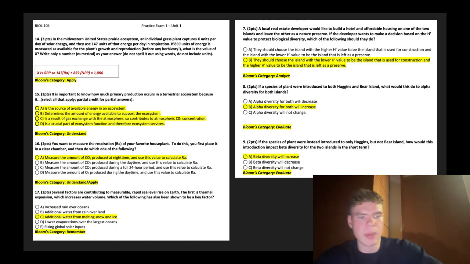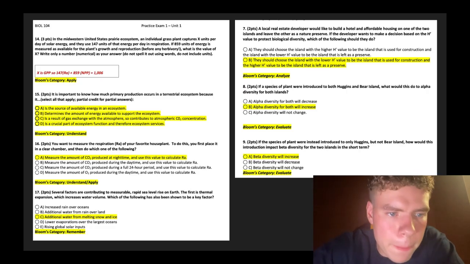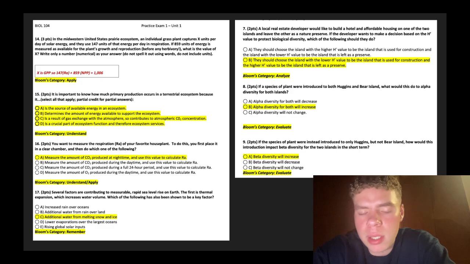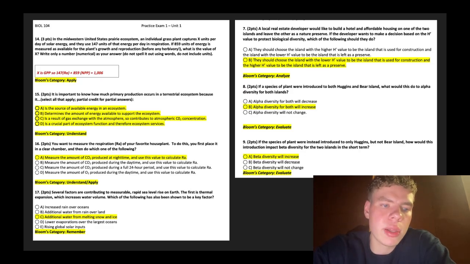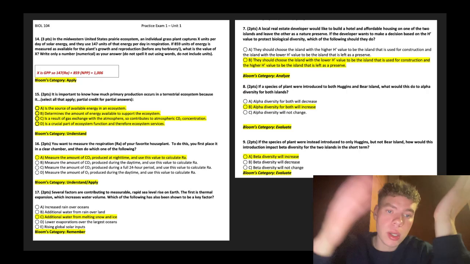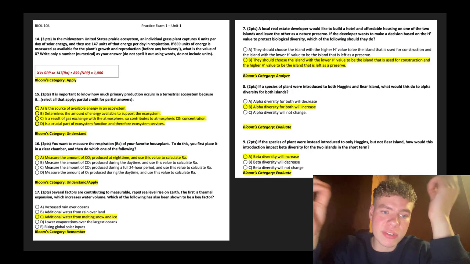Okay, so the question is basically asking us to calculate GPP, gross primary production, because it's telling us how much is used in respiration, and only 859 of it is available, which will be NPP, net primary production. So to calculate the GPP, which is what it's asking us, we just add respiration to net primary production, and that gives us GPP.